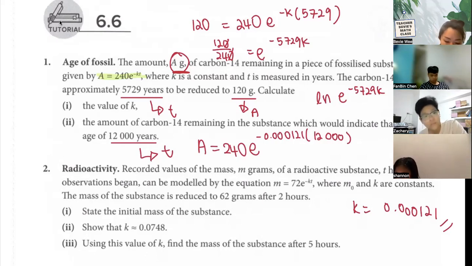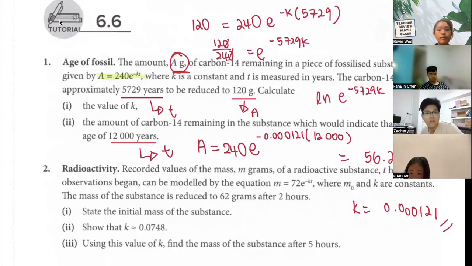Your value of A will be 56.2 grams, rounded off to 3 significant figures. So these are the typical applications questions that we need to know for logarithms, commonly tested.